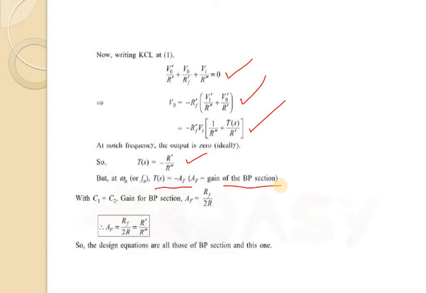With C1 equals C2, gain of band pass section becomes AF equals RF by 2R, that is equal to R' by R''. So the design equations are all those of band pass section and this one.